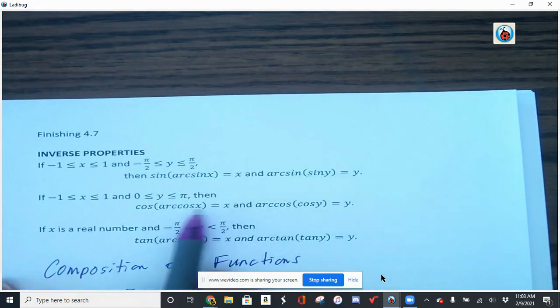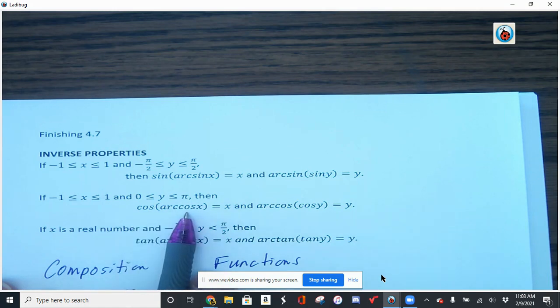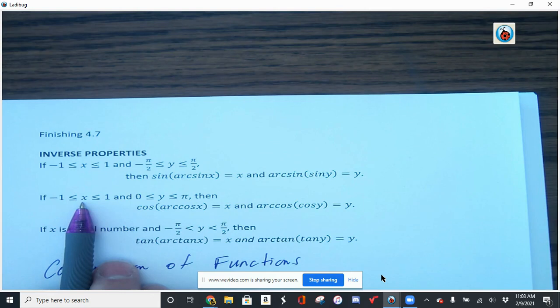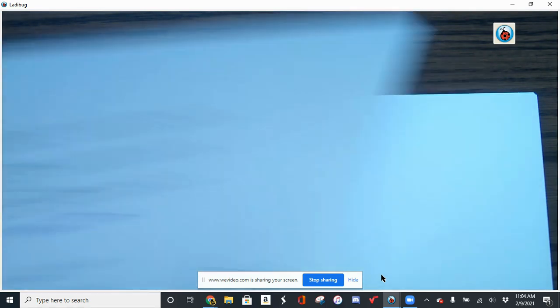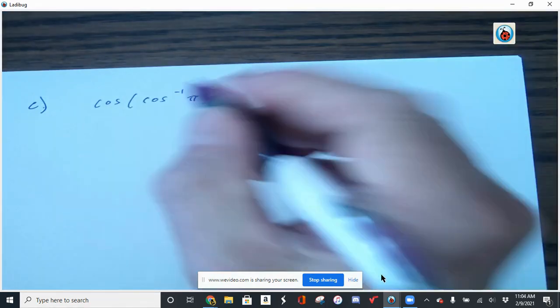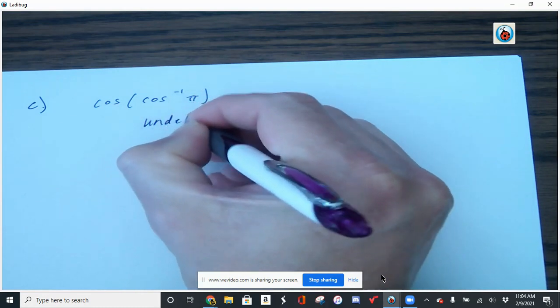Pi is going to be our x value. Does pi fall between negative 1 and 1? Really, if you think about it, no, it doesn't. So in that particular case, this is undefined.